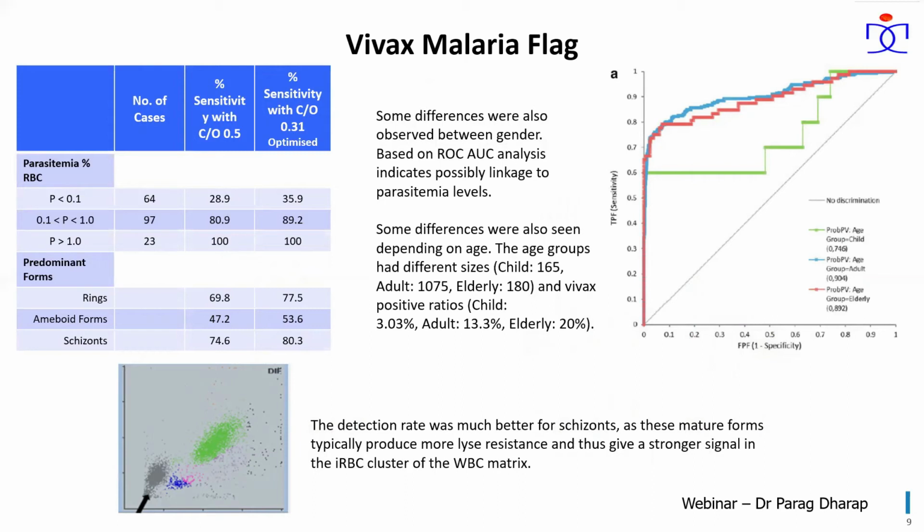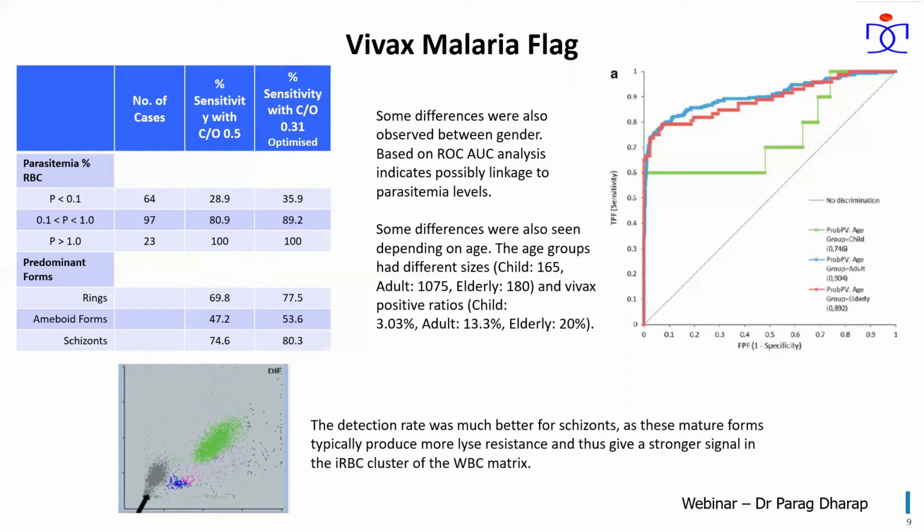This slide shows the performance of the vivax malaria flag. On the left-hand side table, you can see parasitemia or parasite density converted per 100 RBCs.